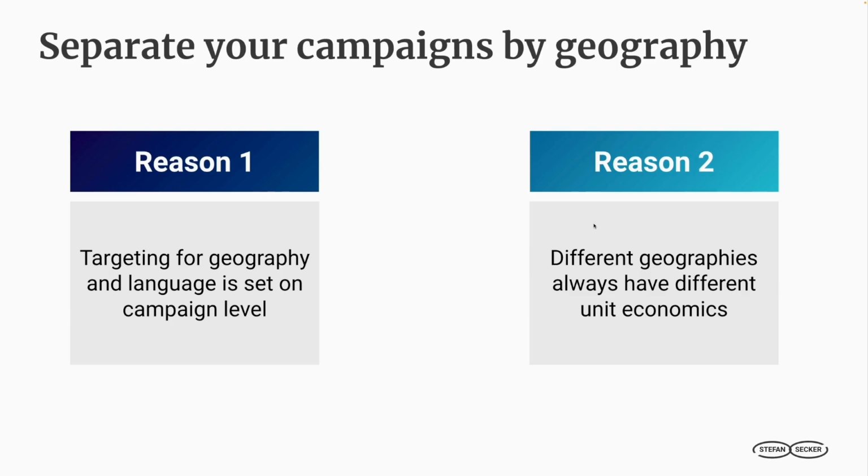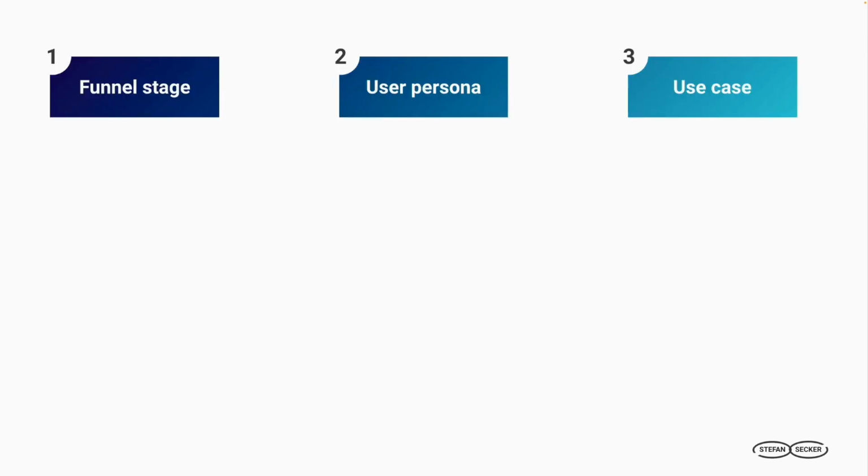Just separating your campaigns by geography and language isn't enough, however, of course. So there are a couple other dimensions that you could use to structure your campaigns. The first one here is the funnel stage. So you have the top, the middle, and the bottom of the funnel. And for instance, you could collect all of your more informational keywords in one campaign and all of your more transactional keywords in another campaign.